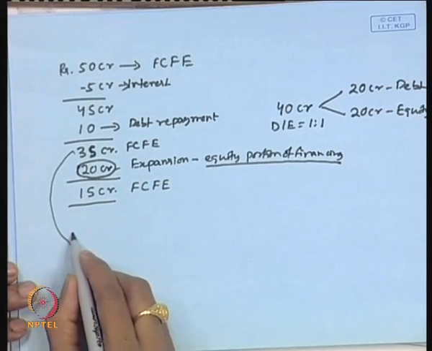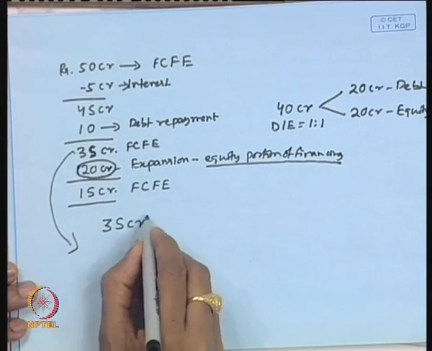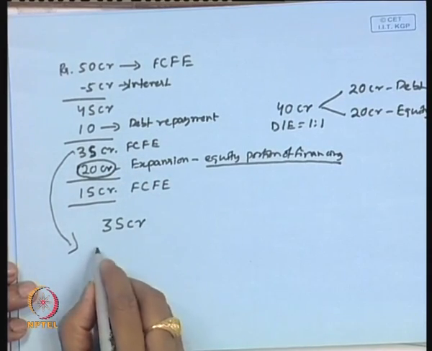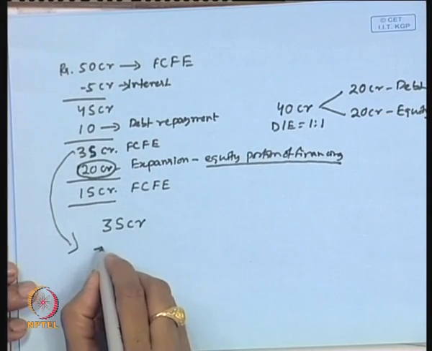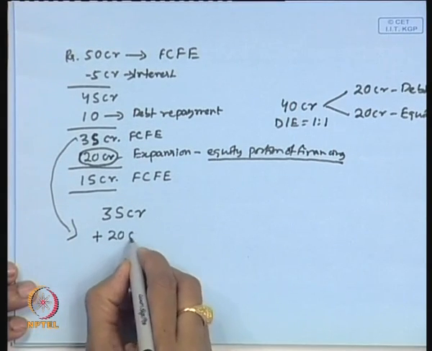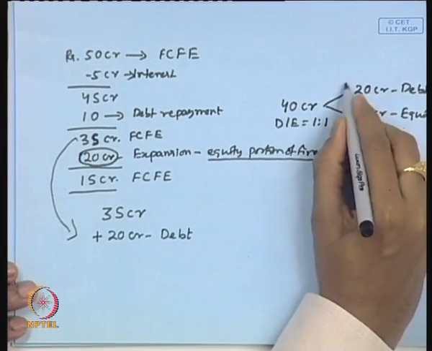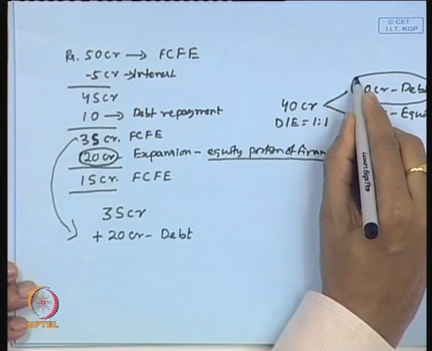Other way around, this can also be found out. 35 crore is the figure that we got, then the company gets 20 crore as debt; the company is raising additional debt.